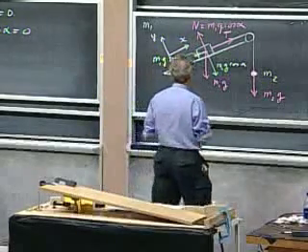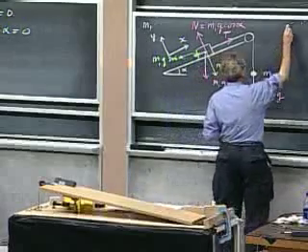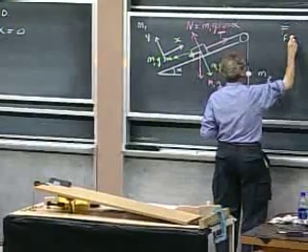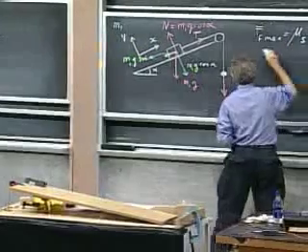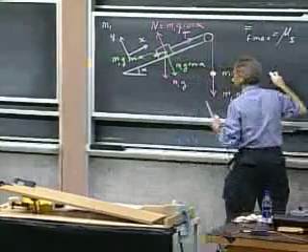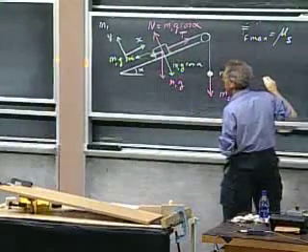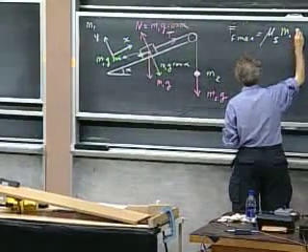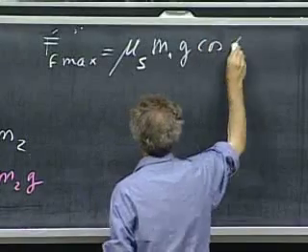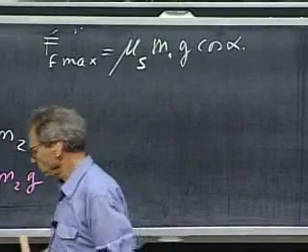The only thing I do know is that the maximum value of the friction will be mu static times N, which is what we had there. Remember, that's the maximum value that the friction can have, times m1g cosine alpha. That I know.